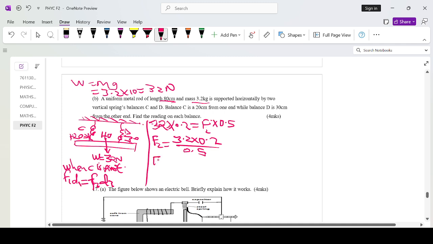So my force at that point, F2, with the help of my calculator, 3.2 times 0.2, I'm getting 0.64, divided by 0.5, I'm going to get 1.28 newtons. That is the force at that point, 1.28 newtons.